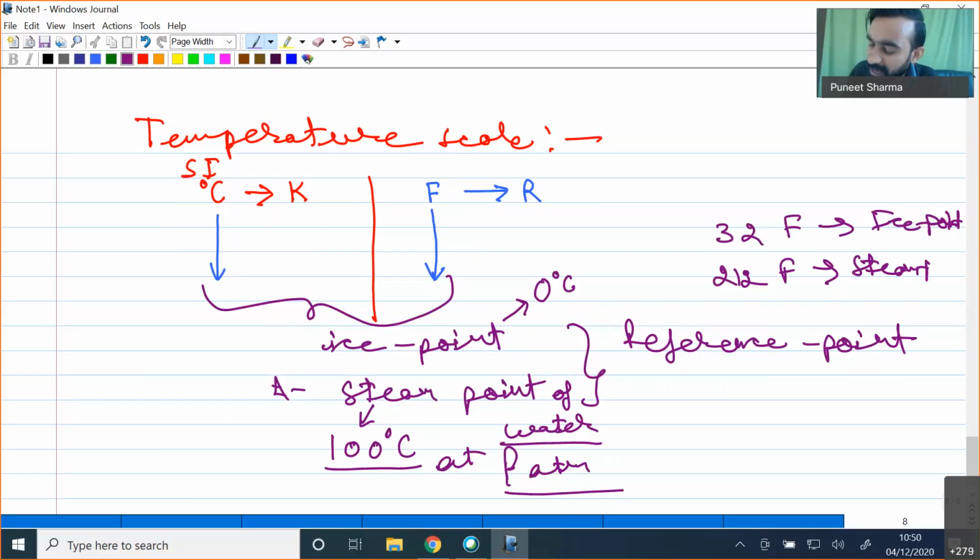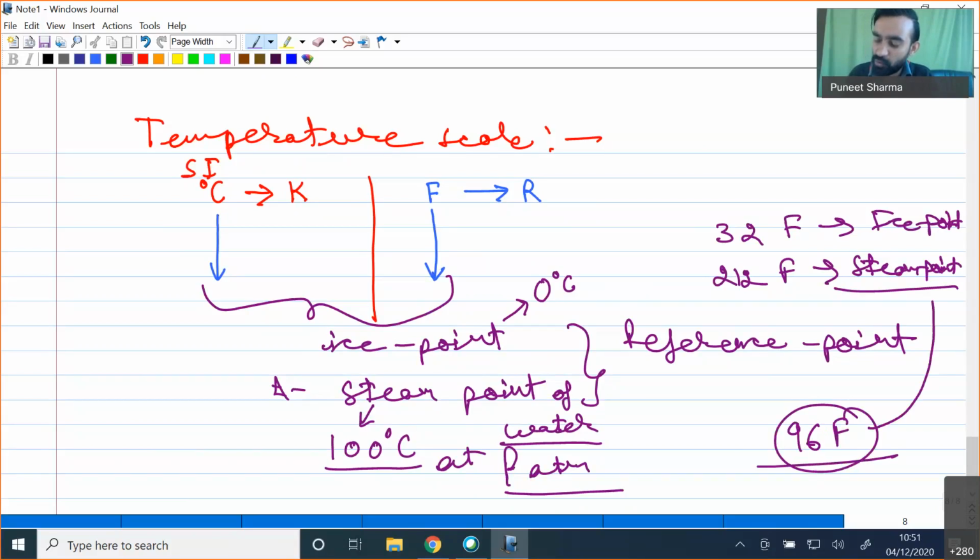Okay, so while Fahrenheit was designing the scale, he initially considered our body temperature as the reference, and gave it the value of 96 Fahrenheit. Corresponding to that, he tried to fit where the ice point and steam point fall on the scale, and then the values of 32 and 212 were assigned, and this scale was designed.